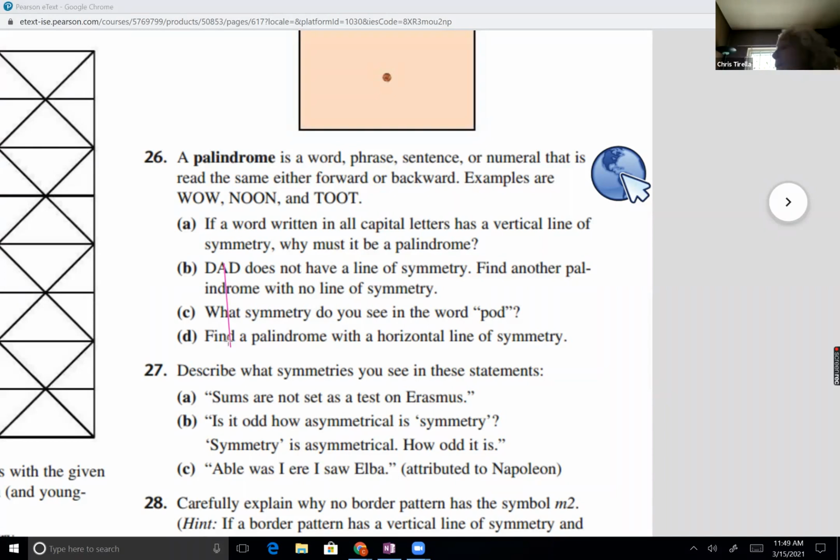So if I look at that word pod, somehow it seems symmetric, but I can't fold it over a line. But if I took that word pod, could I turn it upside down? Yes. And if I turn it upside down, does it look the same? Yes.